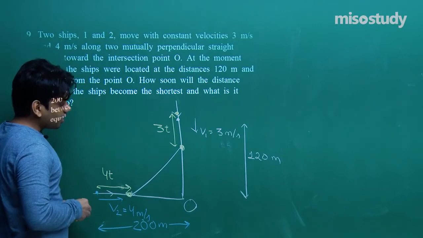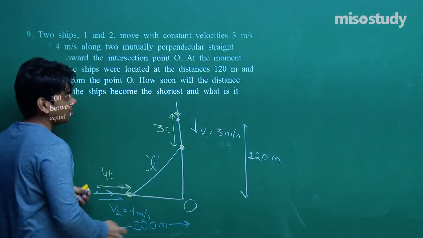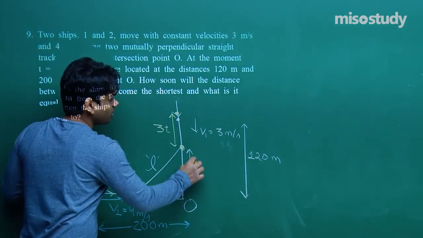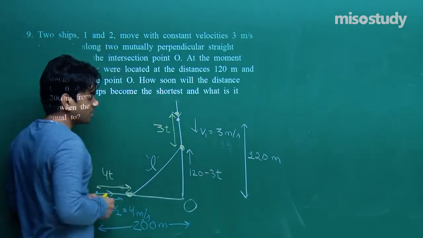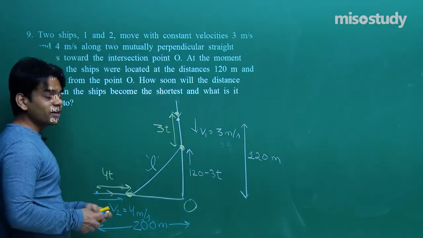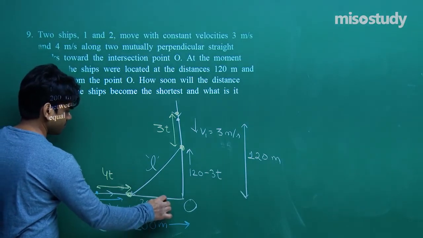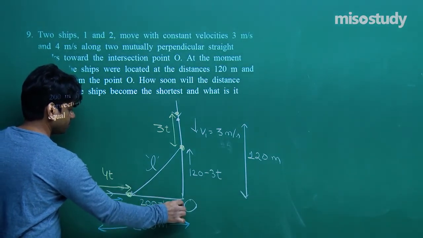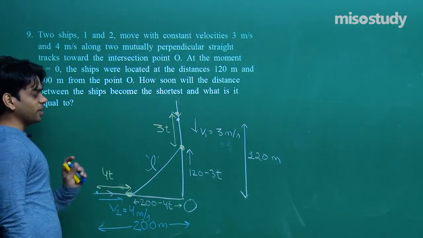Clear. Now try to understand, let's say this distance is L. The leftover distance will be 120 minus 3t, and this distance will be 200 minus 4t. We are done with this, 200 minus 4t and 120 minus 3t.